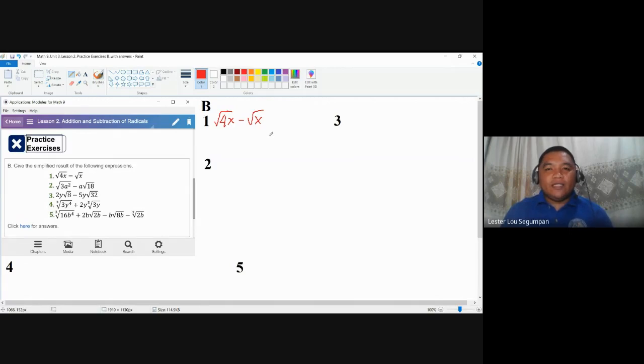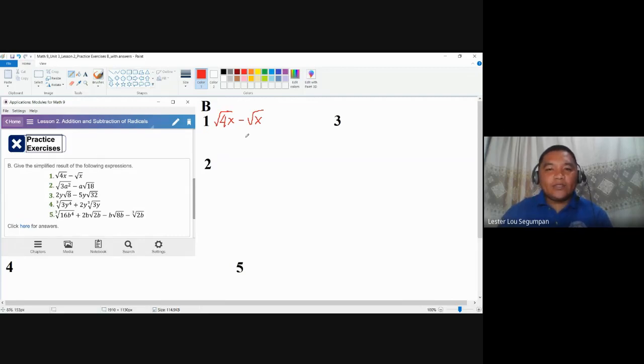These two radical expressions have the same index. The index is 2 because both of them are square roots. But at first glance, we don't have the same radicands. In short, we cannot just simply subtract these two radical expressions immediately.